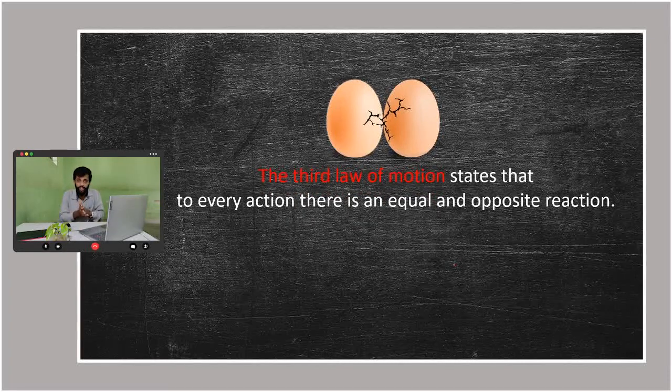The third law of motion states that to every action there is an equal and opposite reaction. These examples, I'm sure, should help you turn that entire law into meaningful information in your mind.